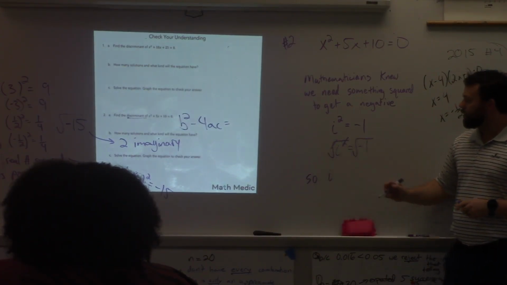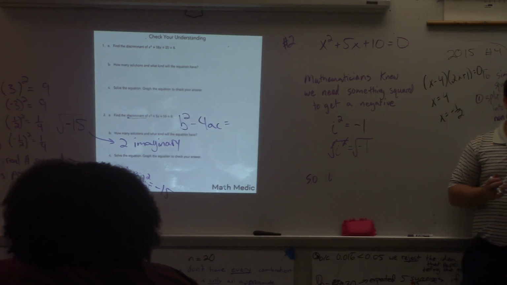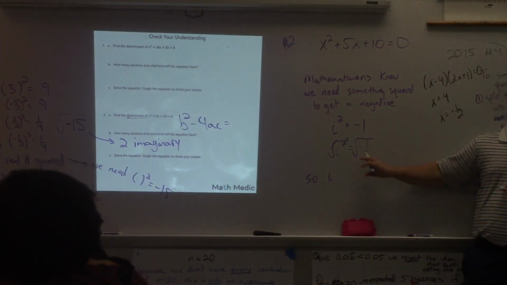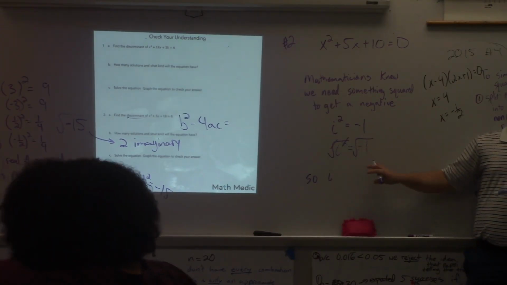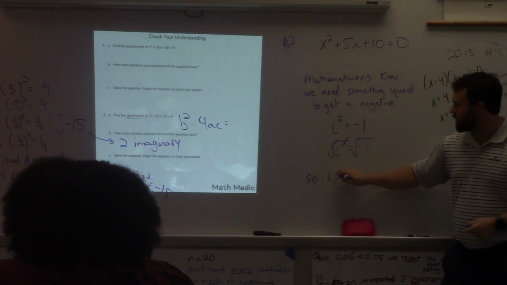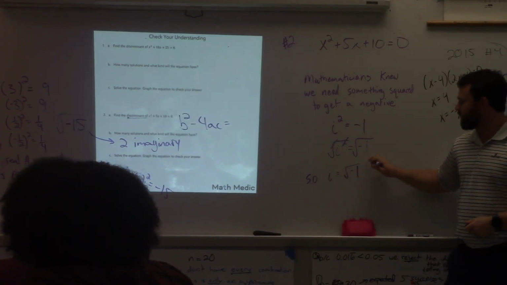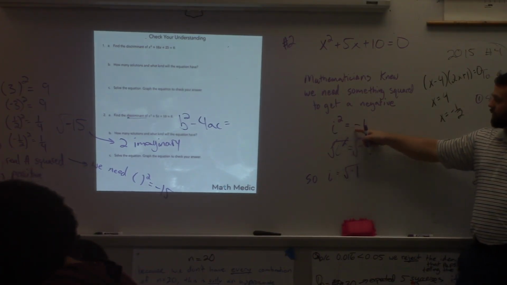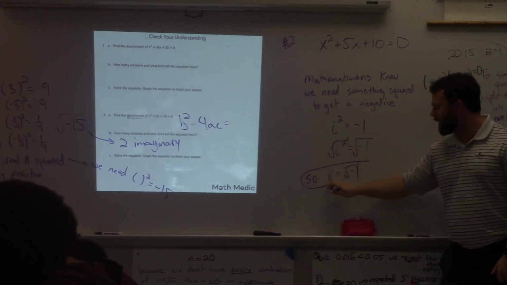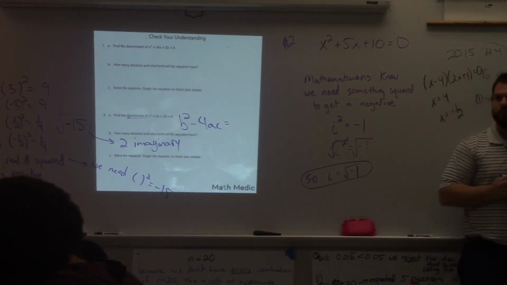So what does i equal? Don't make it hard. Look at what's literally up here. Don't put it in the calculator. It's the square root of -1. Isn't that literally what this is saying? If i squared is equal to -1, i is the square root of -1.